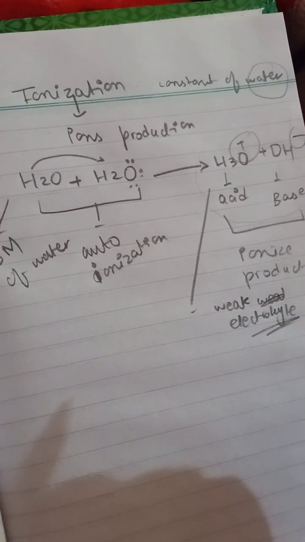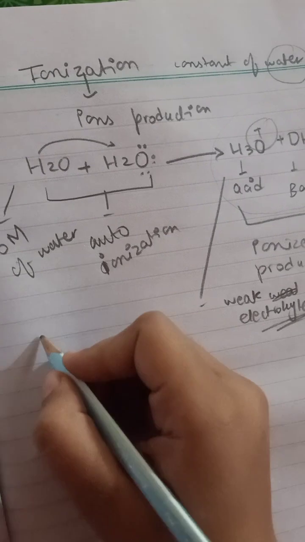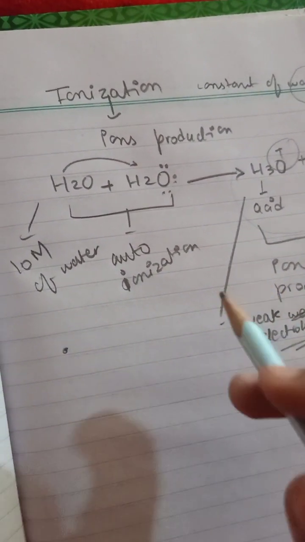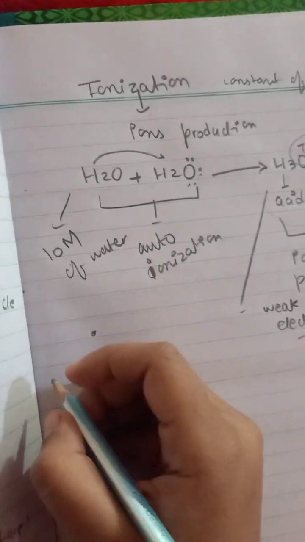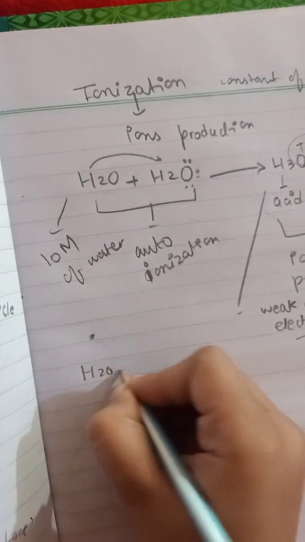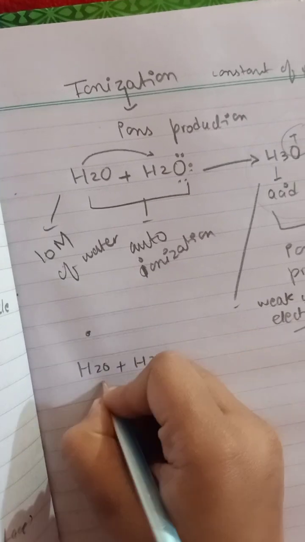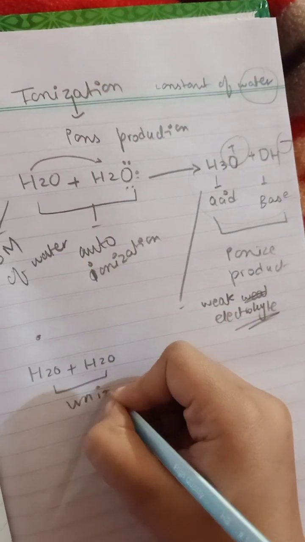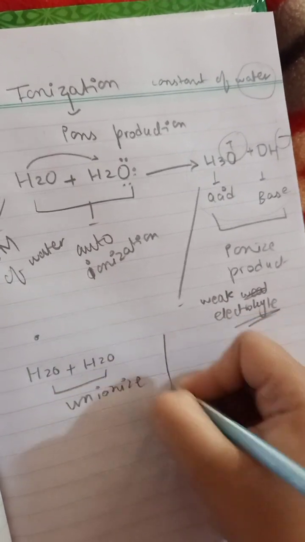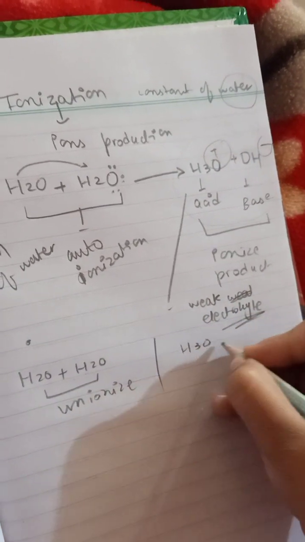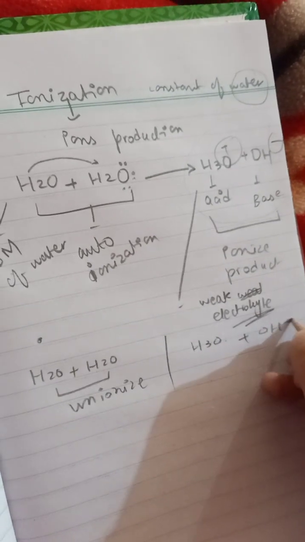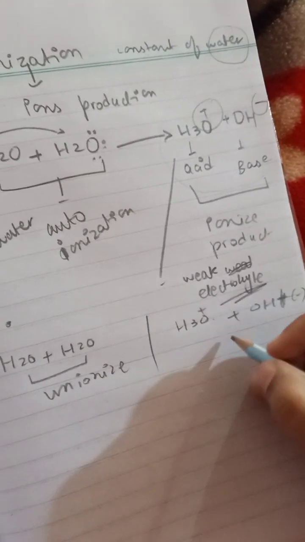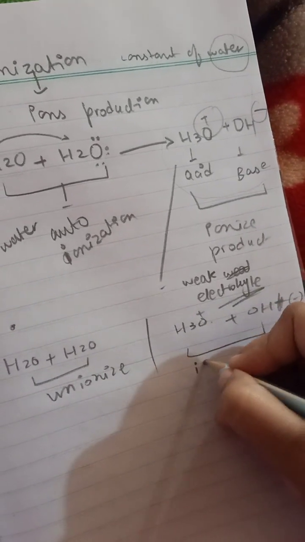If we talk about the observation through the experiment, this was H2O plus H2O. This was the unionized reactant, and this is the ionized product.